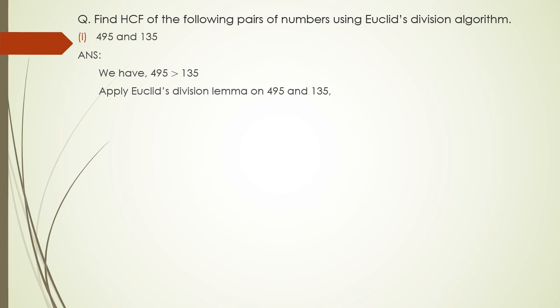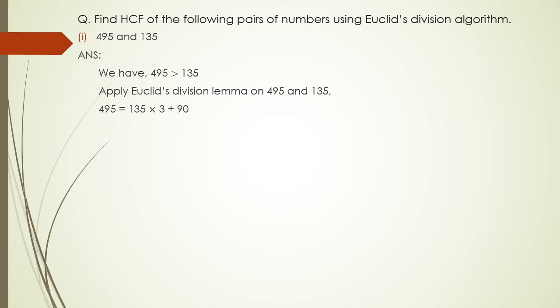We will use long division, that is, we divide 495 by 135 and find the quotient and remainder. We are not interested in finding the answer in terms of decimals, remember it. Doing the long division, we find that the quotient is 3 and the remainder is 90. So by Euclid's division lemma, 495 is equal to 135 multiplied by 3 plus 90.